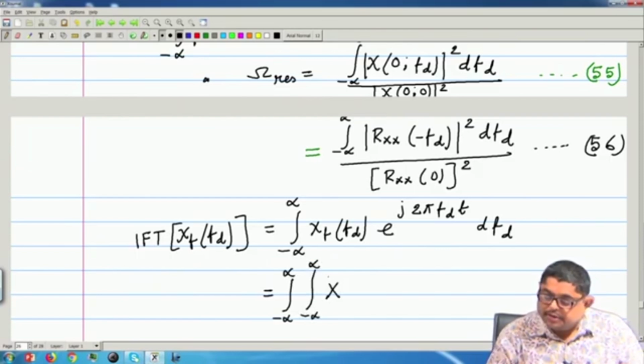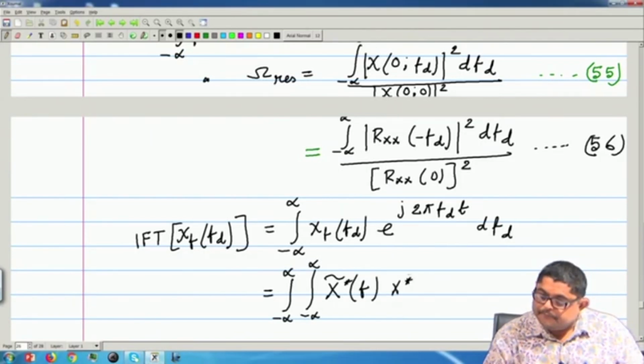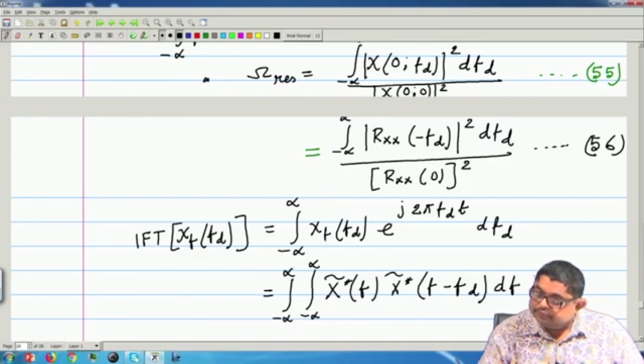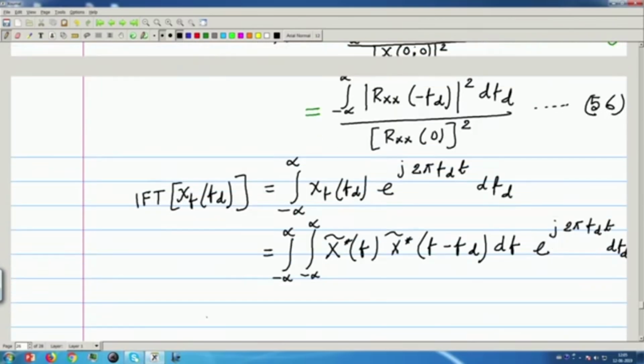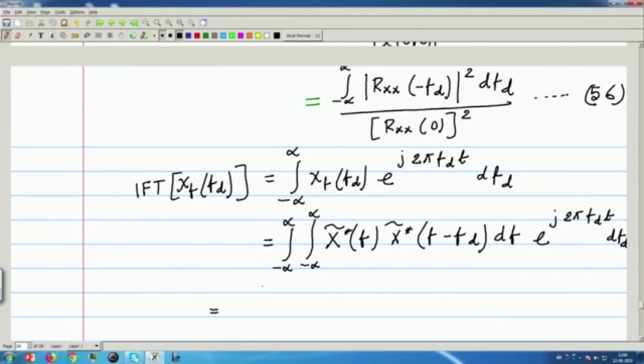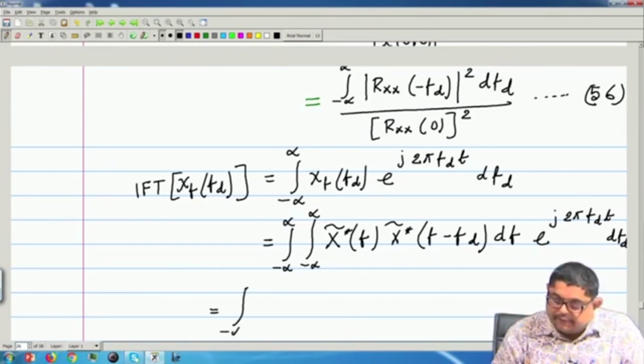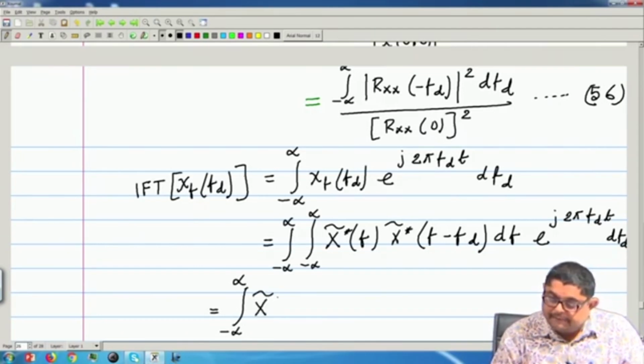So, in terms of the spectrum, again I can take, because FD is the running variable, XF I can take out.